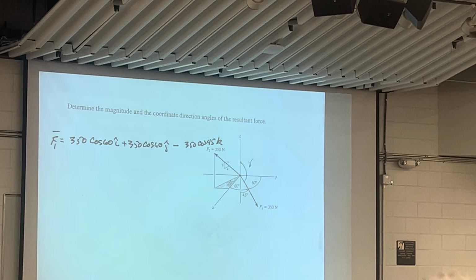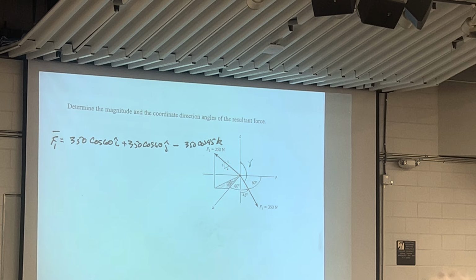I don't need to. I can work with that and say this is 250 times 4 over 5. What does the 4 over 5 do for me? The 4 over 5 tells me that angle, which now puts me on the line to nowhere.